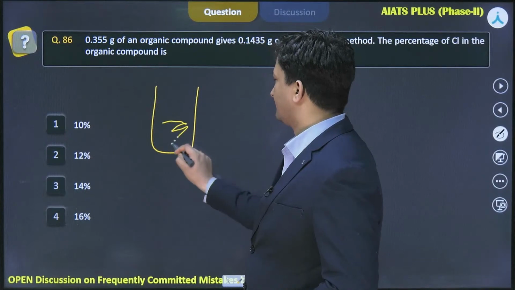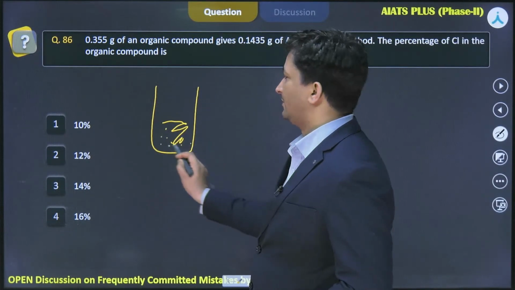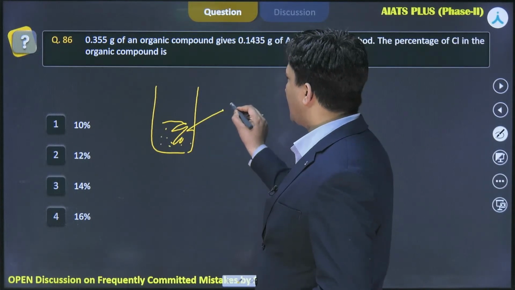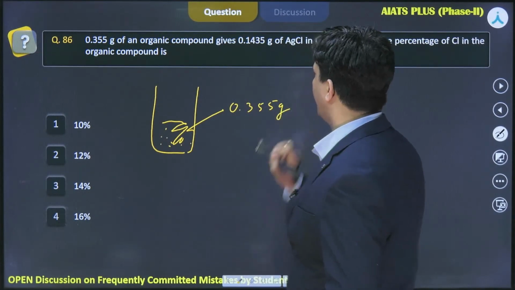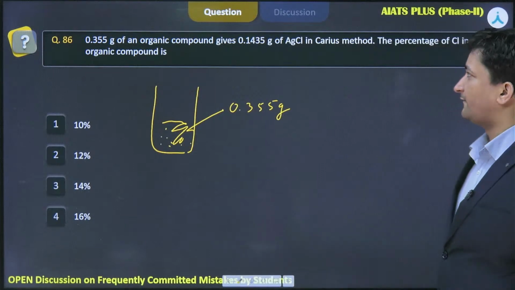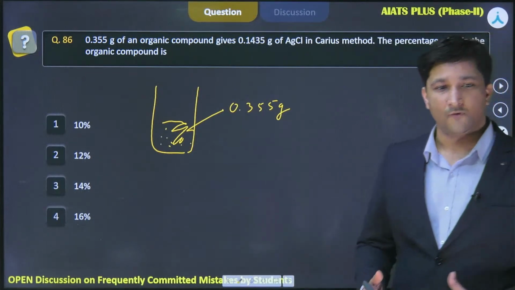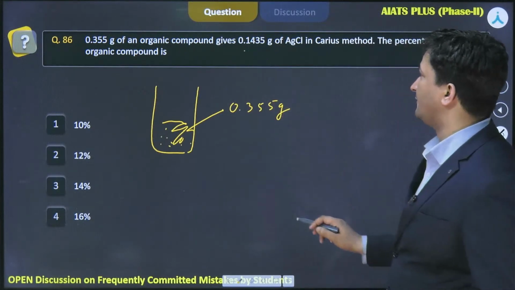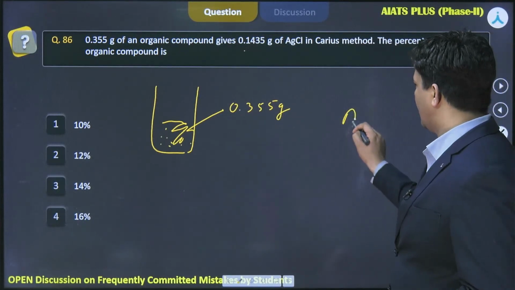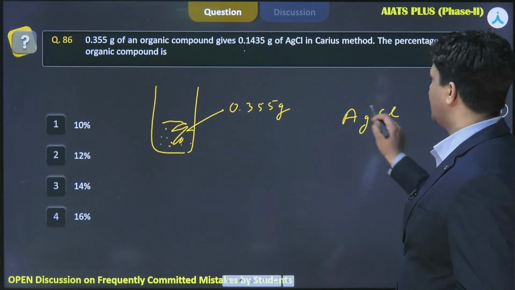Okay. This is an organic compound, let's assume, and its mass is 0.355 gram. From this 0.355 gram in the Carius tube, we are going to precipitate 0.1435 gram of AgCl.